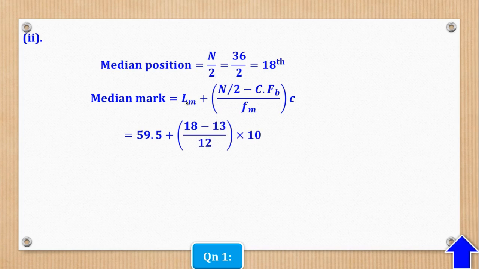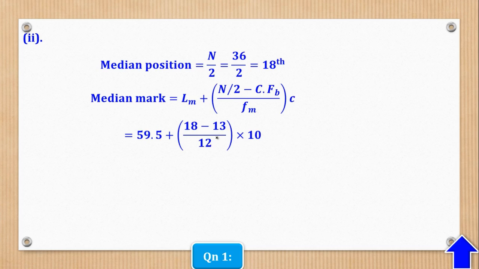So LM is the lower class boundary of the median class, which we saw as 59.5. N over 2 is the median position, which we have already calculated there. CFB is the cumulative frequency before the median class, which is 13. And FM is the frequency of the median class, which is 12. C is the class width, which we already calculated as 10.